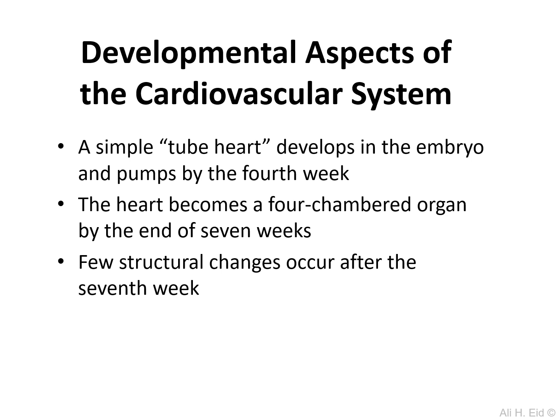The vascular system is developed, you probably also cover this later on in embryology. It develops as a tube heart at the beginning, and then it starts to assume its pumping function by the 4th week. The heart becomes a 4-chambered organ by the end of the 7th week, and after that there are very few changes that take place structurally, that is.